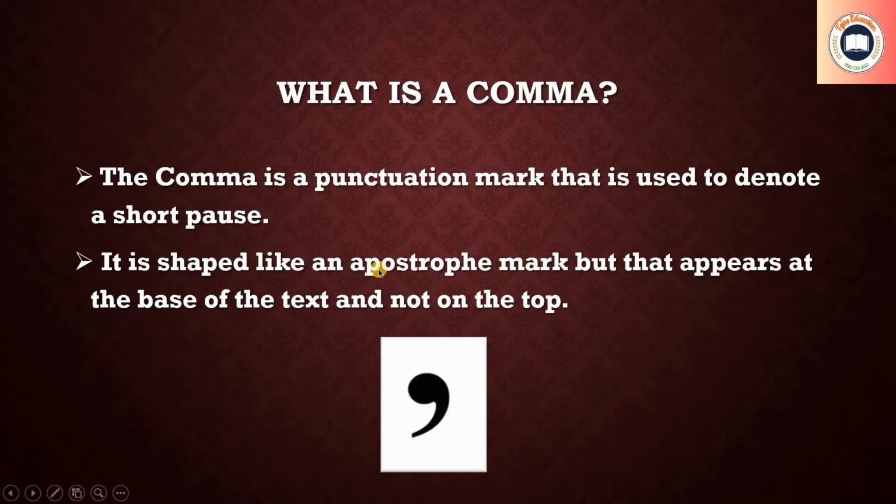So, the difference between the apostrophe mark and the comma is that the apostrophe mark is placed on the top of the text and the comma is placed at the bottom base of the text and not on the top like the apostrophe mark. Hope you understood.